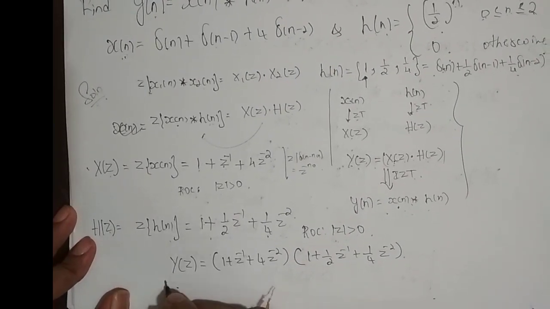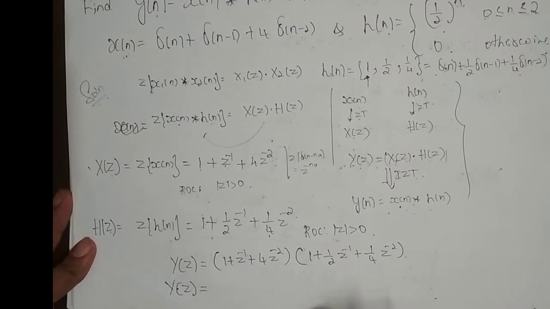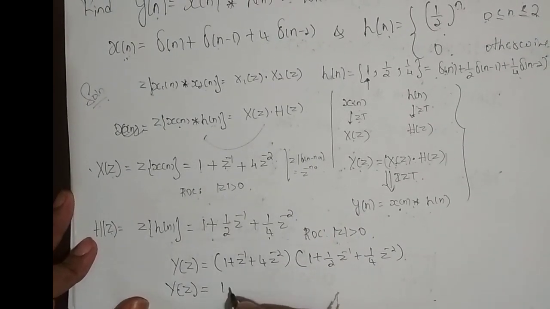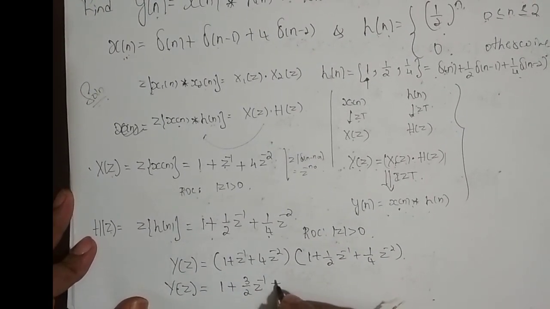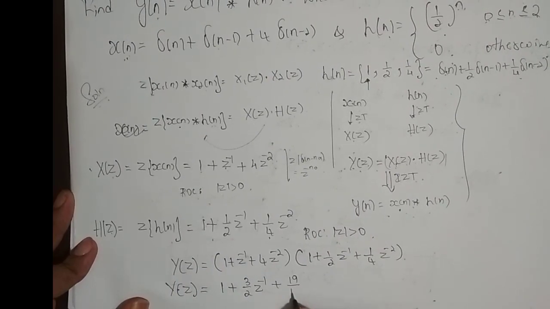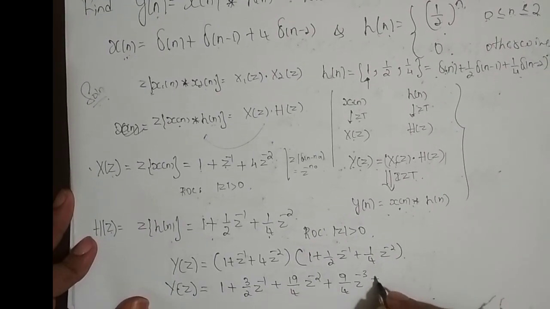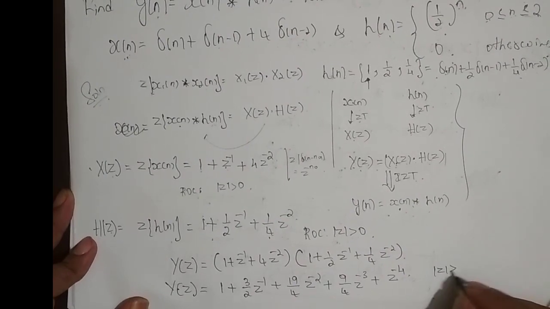If we multiply and simplify it, I am not simplifying it, so it takes more time in the video. I'll directly write the result: 1 plus 3 by 2 z power minus 1 plus 19 by 4 z power minus 2 plus 9 by 4 z power minus 3 plus z power minus 4, with ROC does not change, greater than 0.